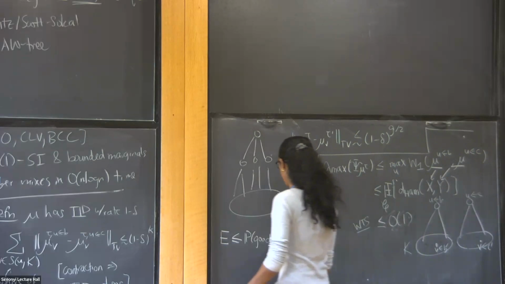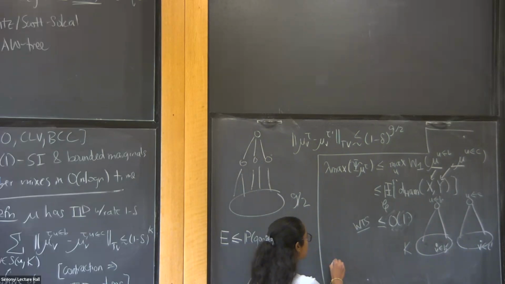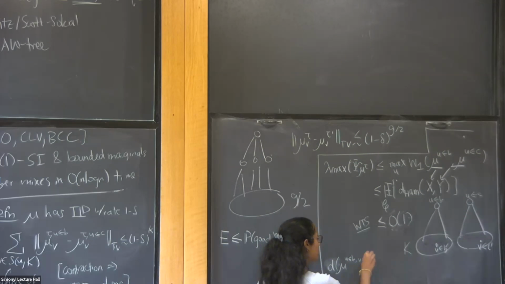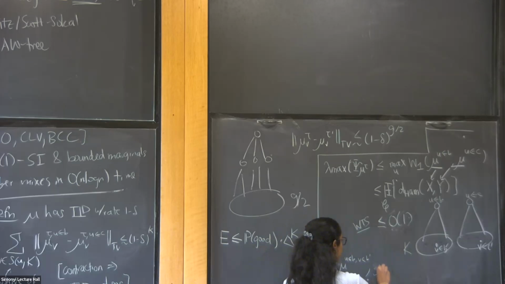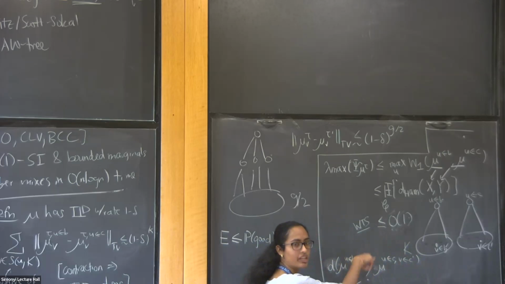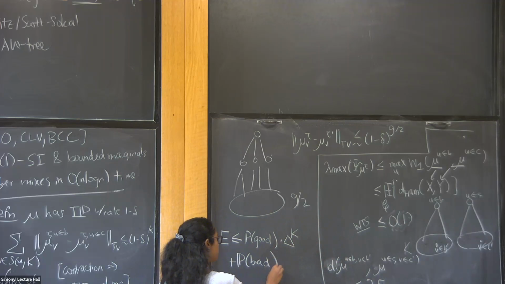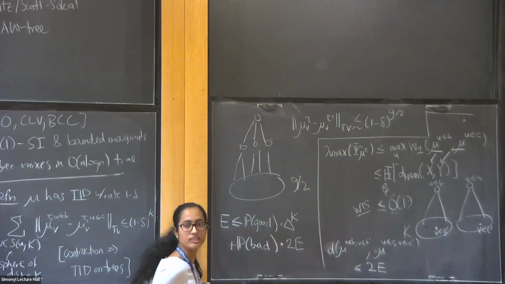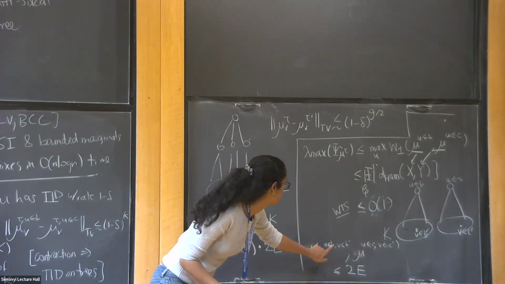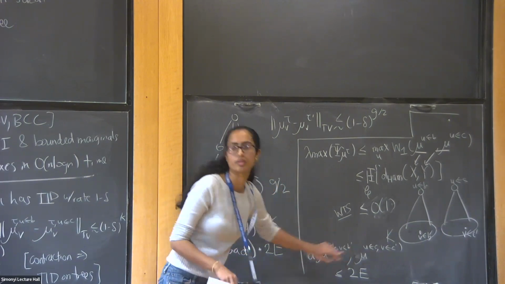So now the distance between U goes to B and V goes to B prime, and U goes to C and V goes to C prime, is at most, when I just change the pinning one by one, you can think of it as twice E. And so then I have the probability of the bad case times twice E, because you can just do this triangle inequality to first change this U to a C, and then you can change this B prime to a C prime.